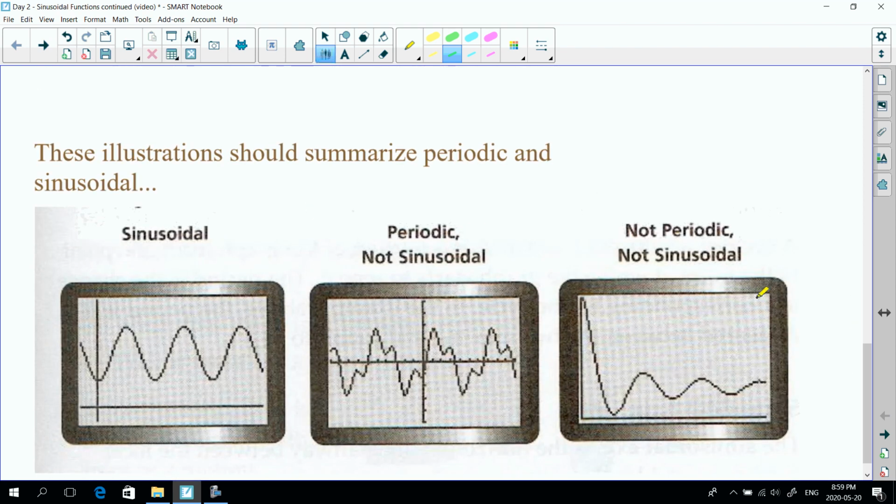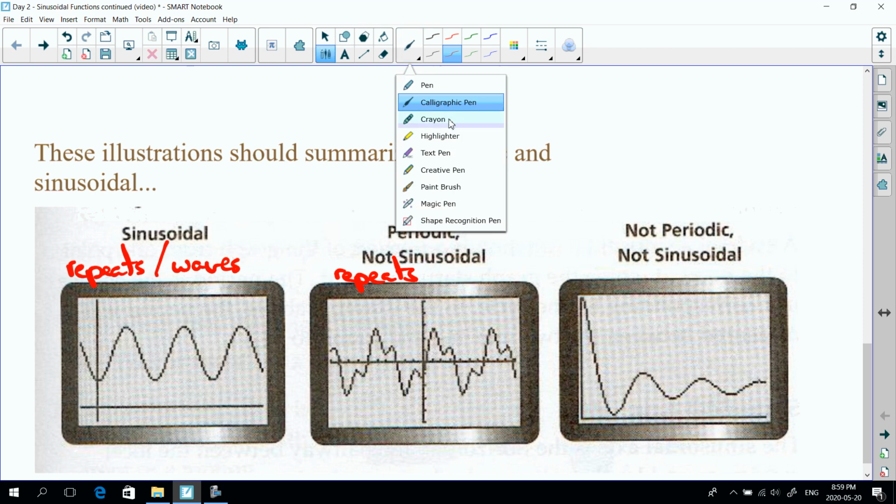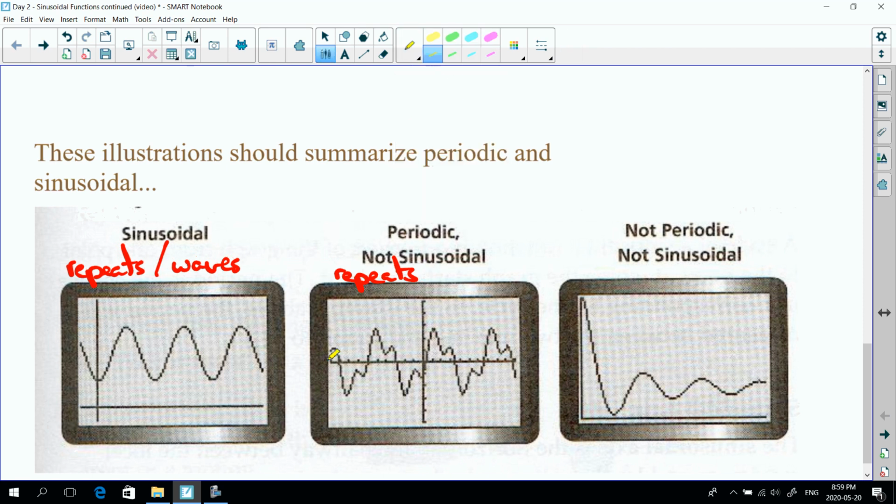So here are 3 examples to look at. This is sinusoidal because it repeats and looks like waves. This one is just periodic because it just repeats. Just so you can see how that repeats, here's the pattern that repeats, and then it starts over, okay?